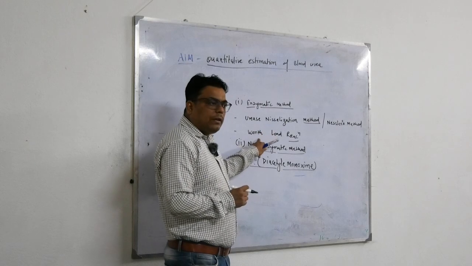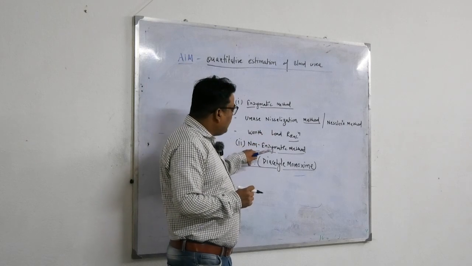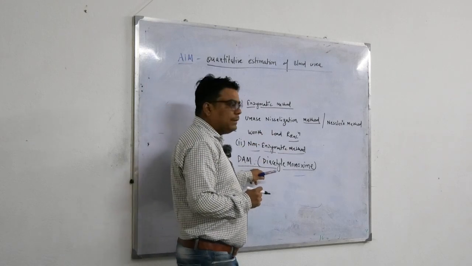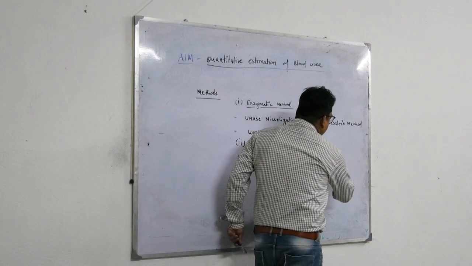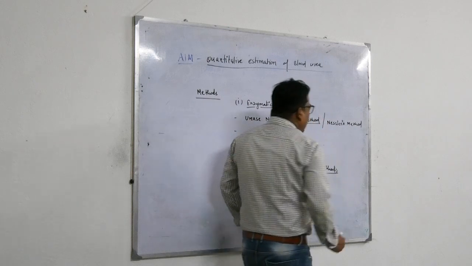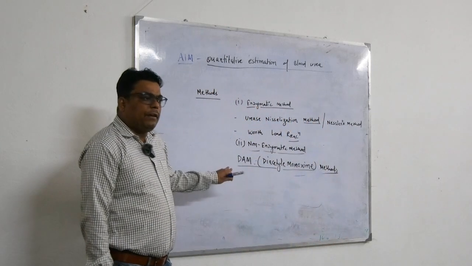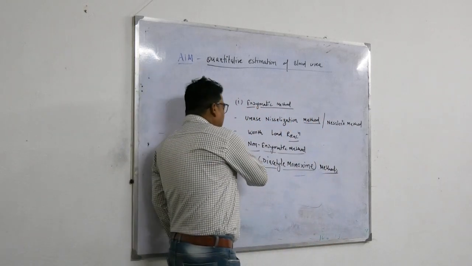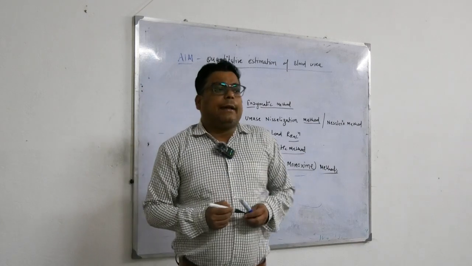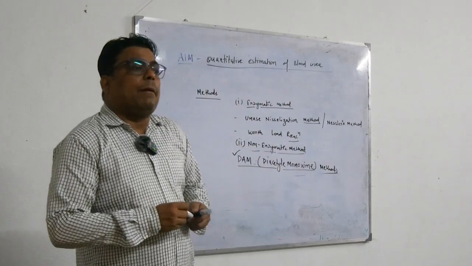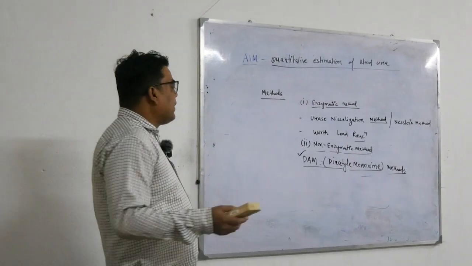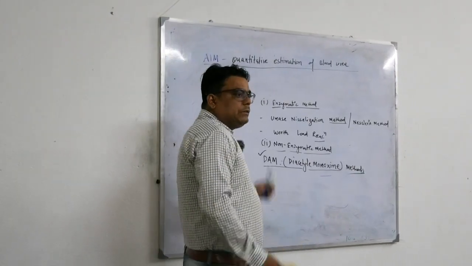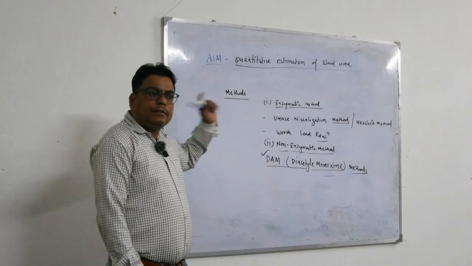Second is the biuret reaction. The non-enzymatic method is the DAM method. Generally, we use the DAM method to know the level of urea in the blood. Did all of you write it?